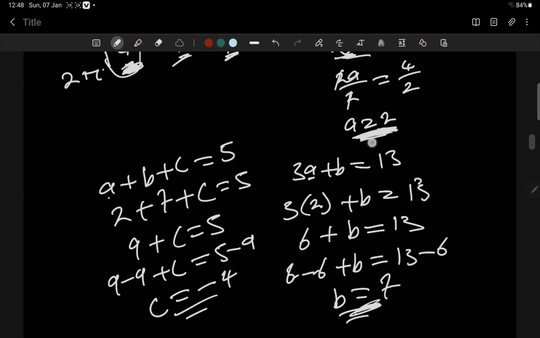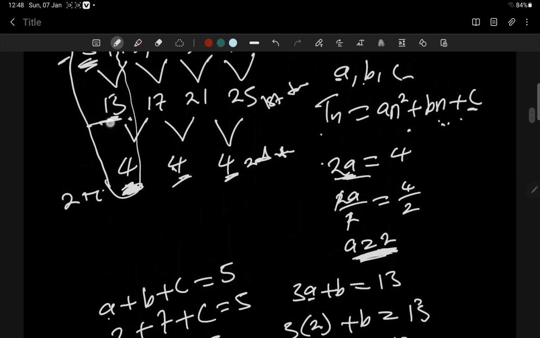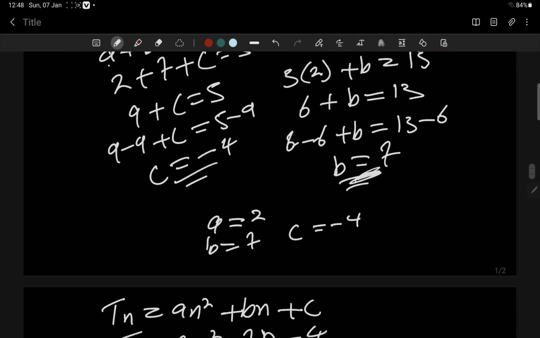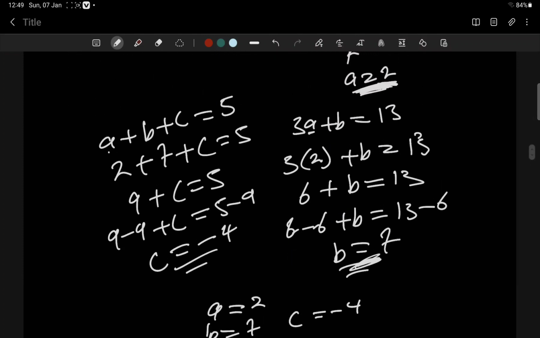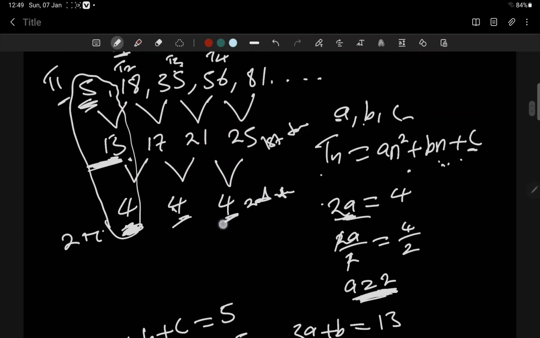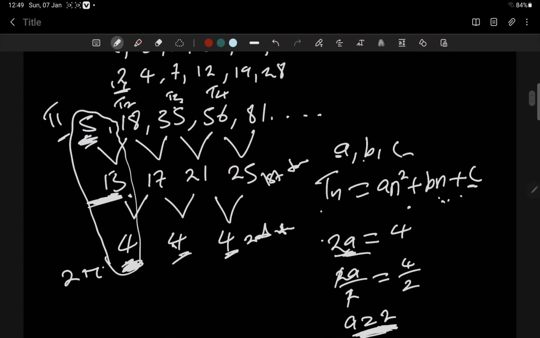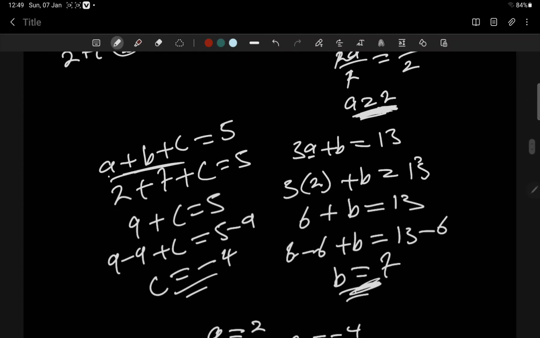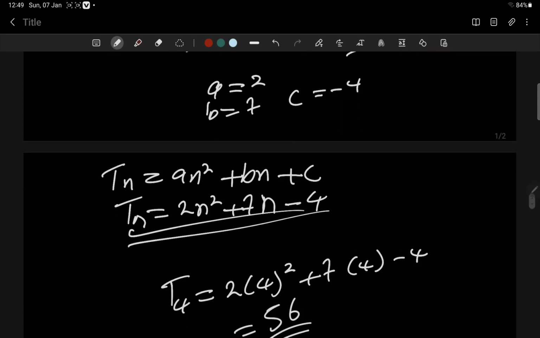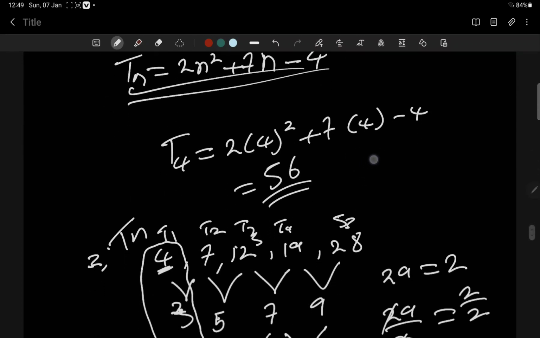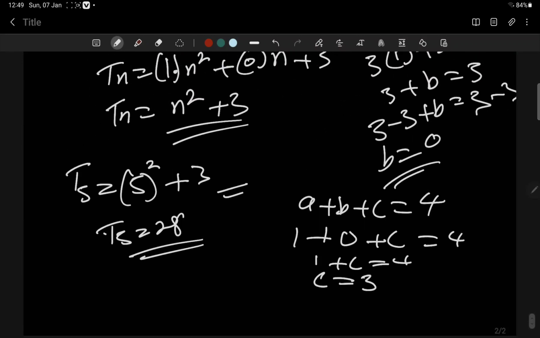Then to find b, 3a plus b is equals to the first term of the first difference. Then a plus b plus c equals to T1, the first term of the sequence. Then you just need to plug it back to the formula, will be fine.